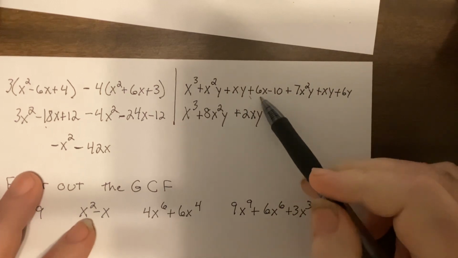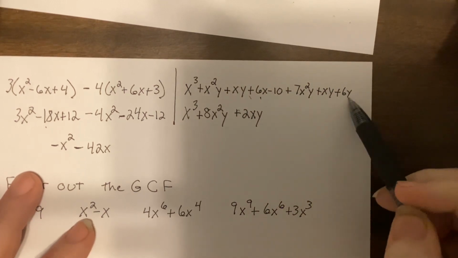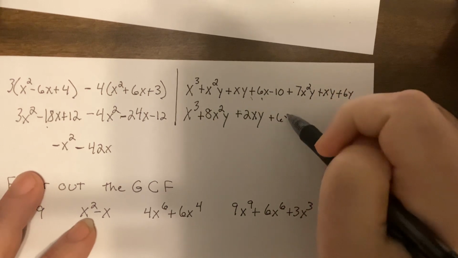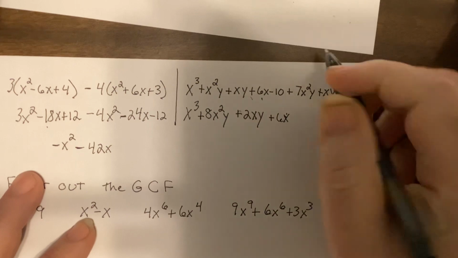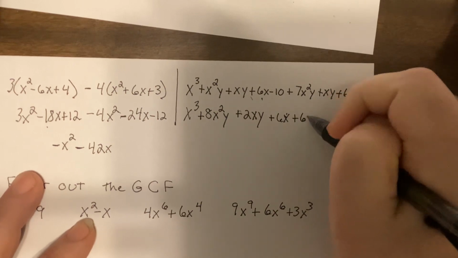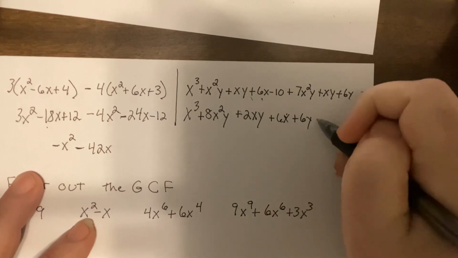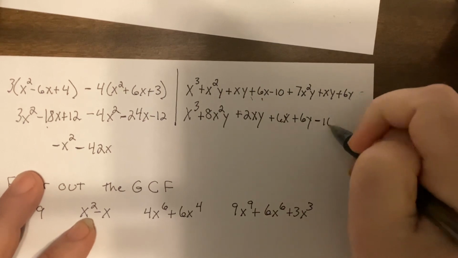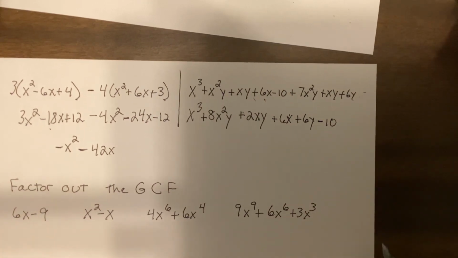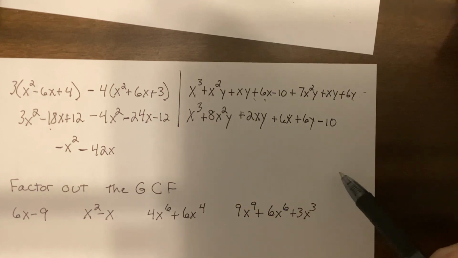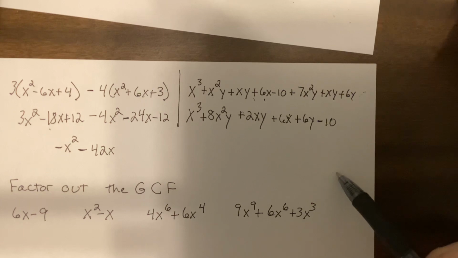Then we have 6x and we have 6y. Can't combine them, so you just put 6x and then the 6y. Then minus 10, there is no constant at the end, so there we go. So it's just fewer terms to work with, so supposedly that's easier.